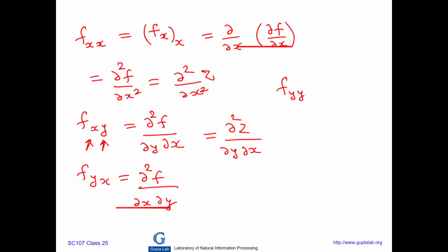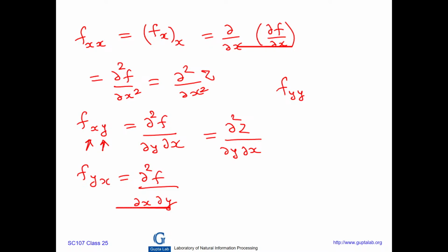Now you can get higher order derivatives, second order. Once you differentiate one time, you can do it again. Once you have differentiated with respect to x, you can differentiate with respect to x again, or with respect to y also. So f of x y, or f of y x, all kinds of things you can define.